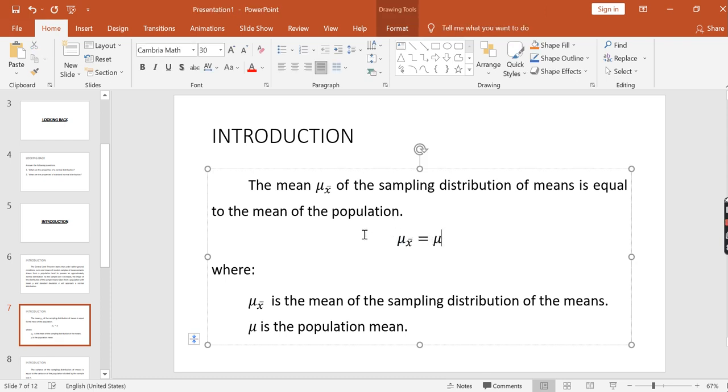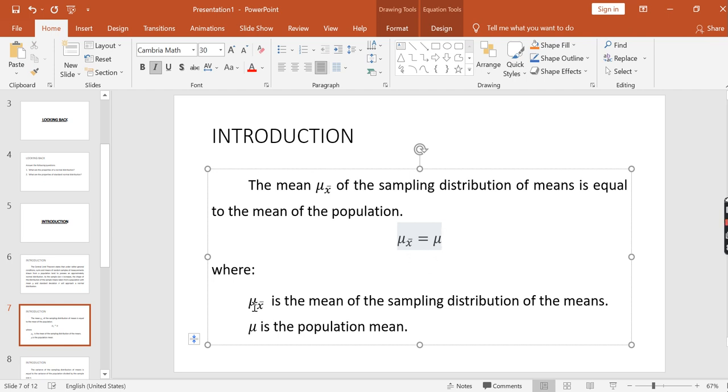Do not be confused. When you see this one, it means it is a mean of sample means. The reason why there is a subscript x bar here is because this mu represents a mean, meaning it is the mean of the means, and it is equal to the mean.